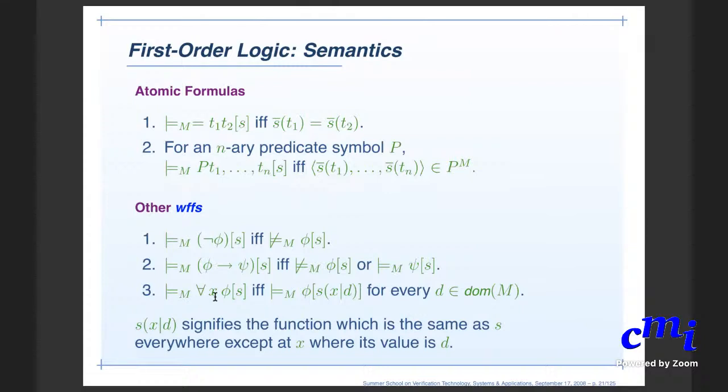Usually the convention is to make a universally quantified formula vacuously true when the model maps the domain to an empty set. If the domain is empty, you don't have any elements in it, in which case we assume that this is vacuously true.